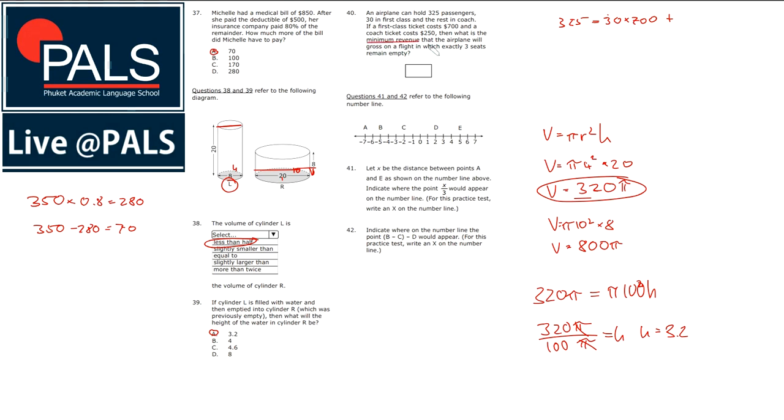The minimum revenue. So that means 3 first class seats remain empty.